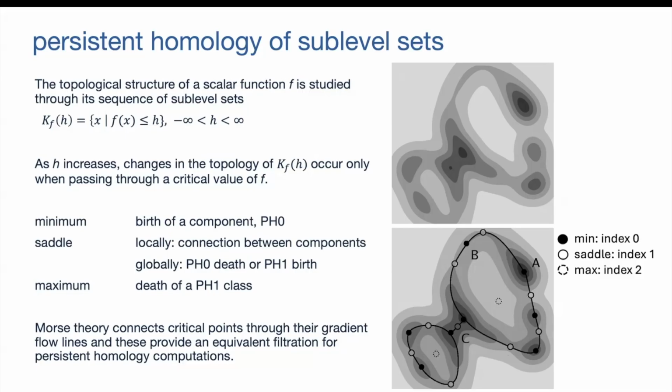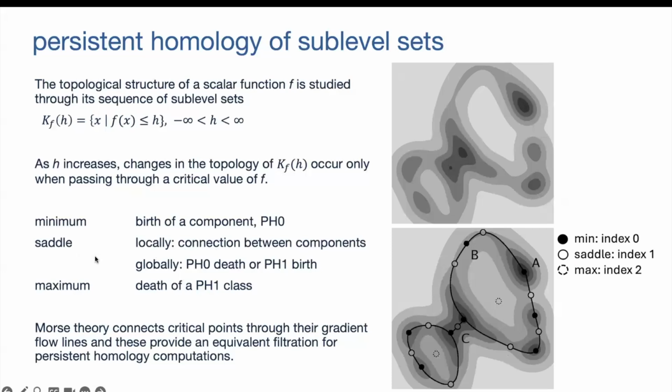And the lesson from Morse theory is that changes in the topology of your lower level sets can only occur at a critical value of the function, right? So minimums correspond to the birth of a connected component. Saddle points locally represent a connection between two distinct pieces of the sublevel set.